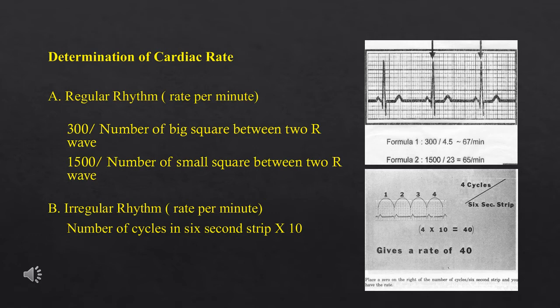If you have a regular rhythm, the formula is 300 divided by the number of big squares between two R waves, or 1500 divided by the number of small squares between two R waves. If you have an irregular rhythm, you have to multiply the number of cycles in a 6-second strip by 10. Normally, your ECG strip has an indicator at the bottom that corresponds to a 6-second marker.